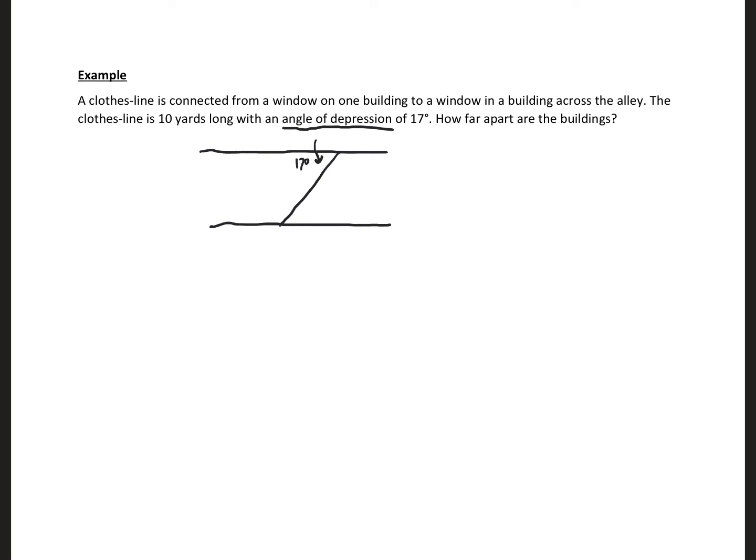Okay, we've got two different buildings, so let's fit our buildings where a clothesline is connected. So let's say here's one building, here's the other building, and we're connecting it with that clothesline. So we've got our right angle here. It tells us the clothesline is 10 yards long. We want to know how far apart the buildings are. So let's call that x.